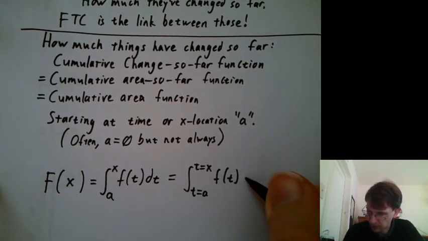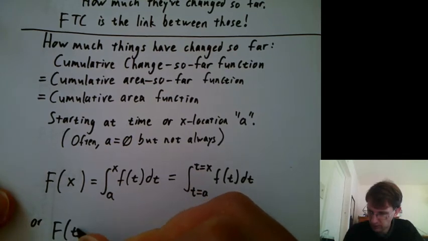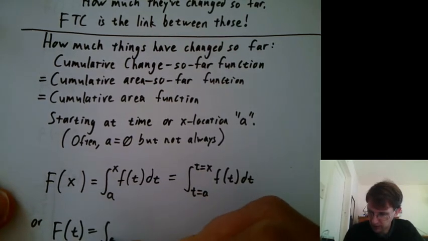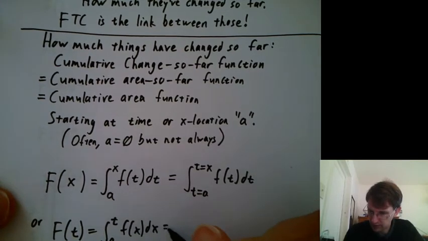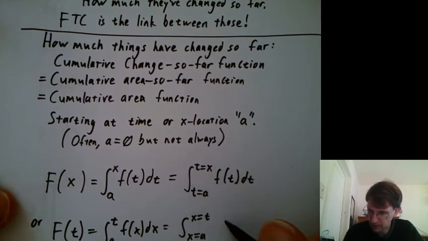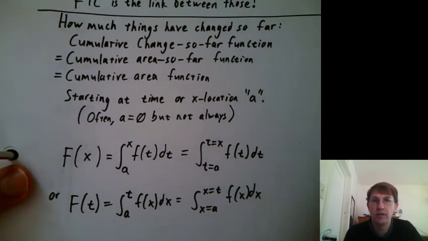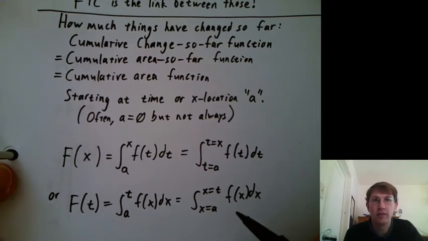So we could write it this way, or we could flip t and x and say integral a to t f of x dx, which would be the integral from x equals a to x equals t of f of x dx. Really, it could be any letters. You can use whatever letter makes sense. You can use emojis, whatever you need to.